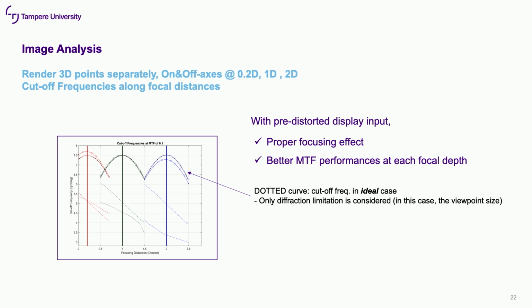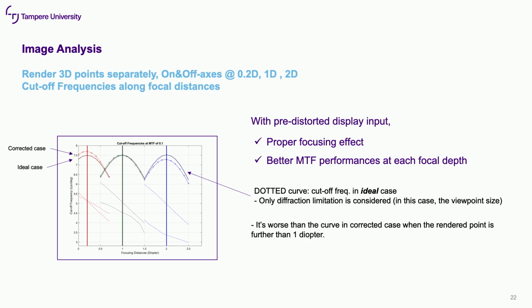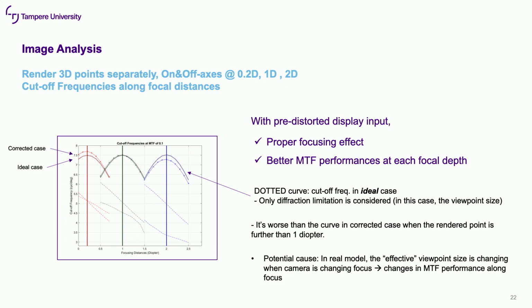Interestingly, we observed an anomaly. When rendering a point at 0.2 diopters, the corrected cutoff frequency actually surpasses that of the ideal case. We believe that this might be due to the effective viewpoint size of the combined display and camera system in our simulation model changing as the camera adjusts its focal length.